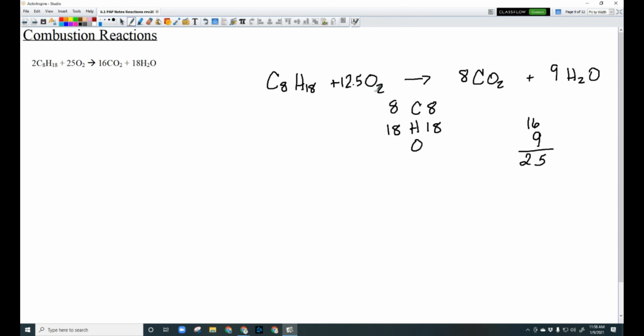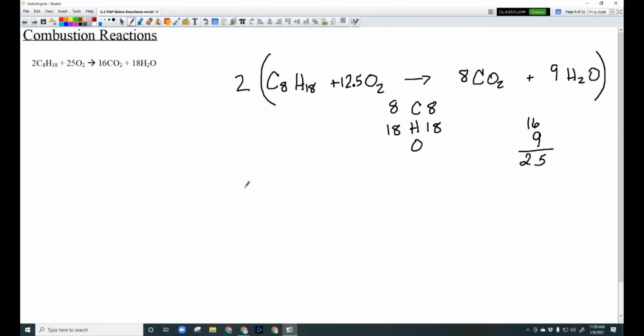12 and a half times 2 is 25. Well, we can't have 12 and a half molecules. There's no such thing as half a molecule. You can't just slice a molecule in half. This has to be a whole number. So we're going to fix that by multiplying everything in this reaction by 2.